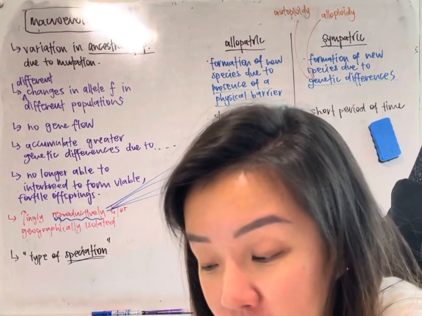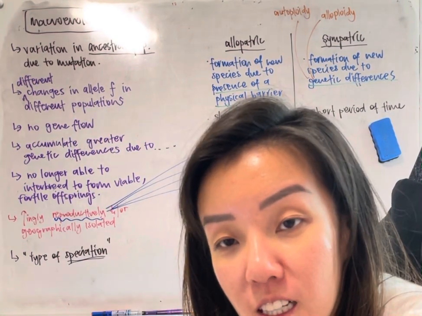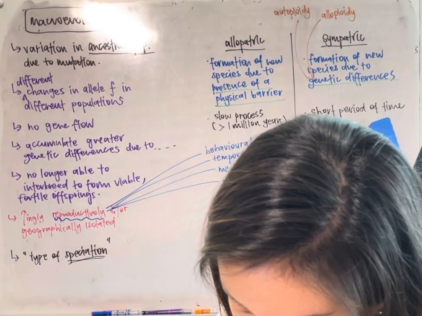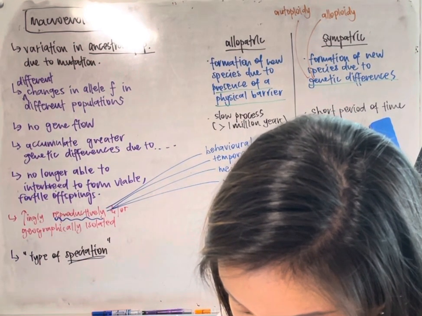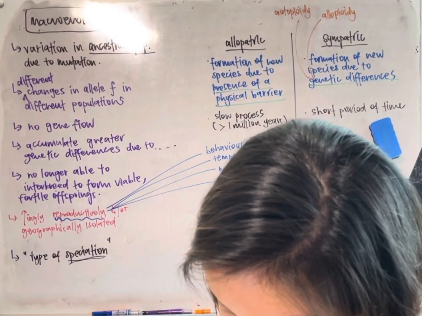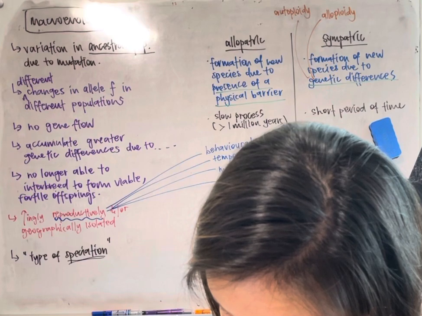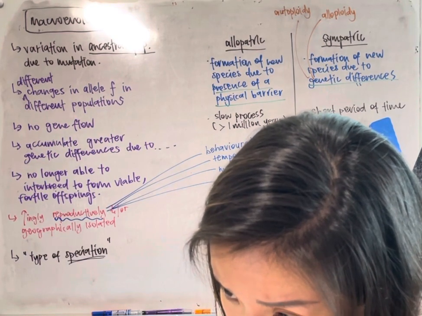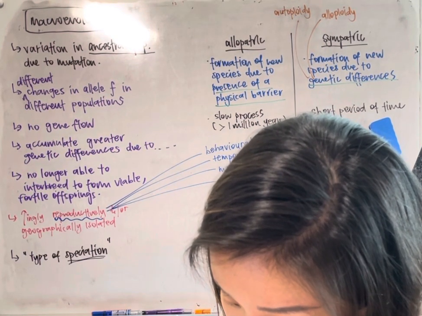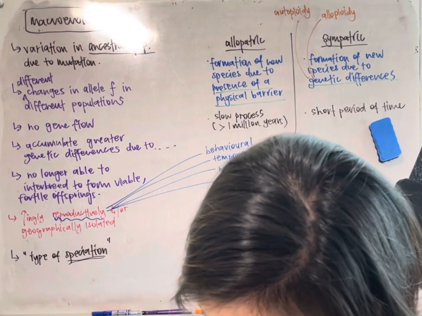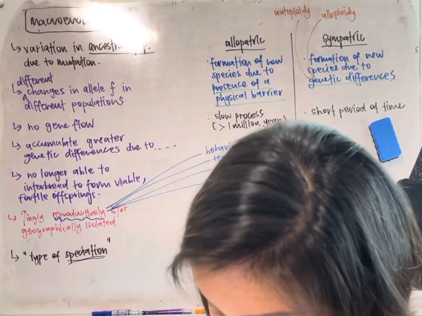They already say separated by steep mountain. They never say separated by valleys. So where's the no gene flow? Never, right? I cannot give you the credit.